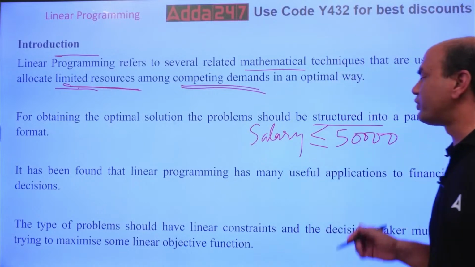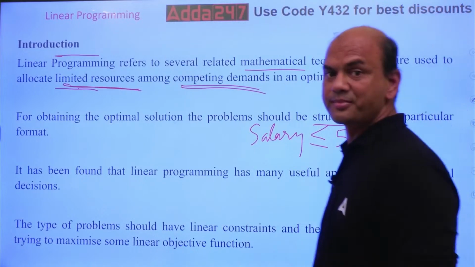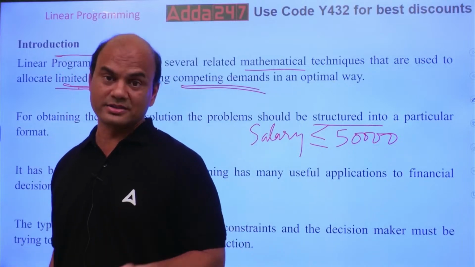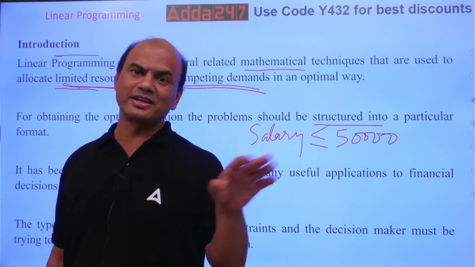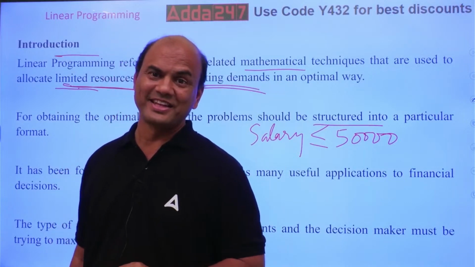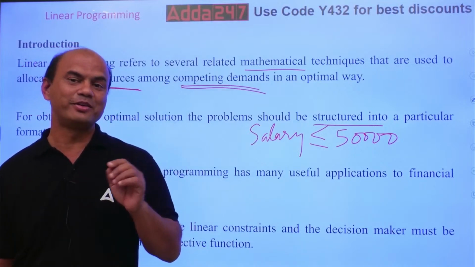So, you are able to convert everything in the form of equations. My production time should not be more than 8 hours. So, production time less than or equal to 8 hours. Equation. Everything should be converted into equations. Only then you'll be able to solve it.